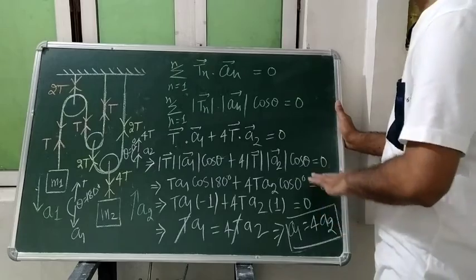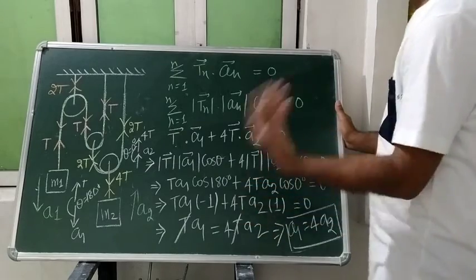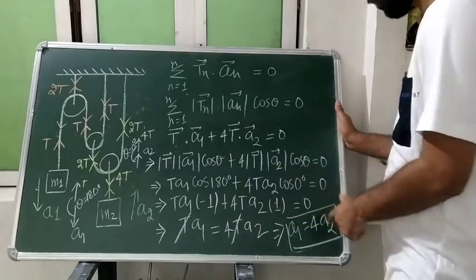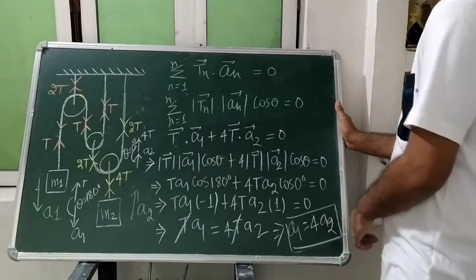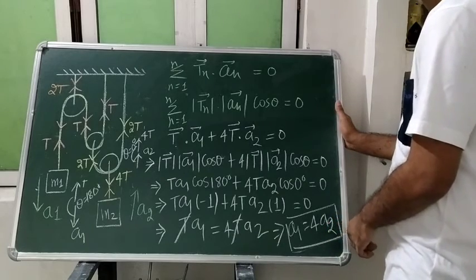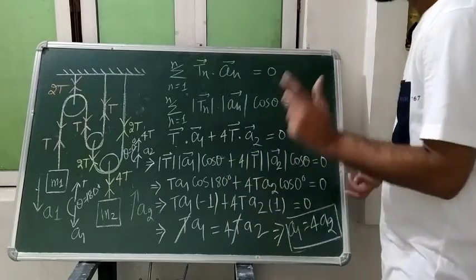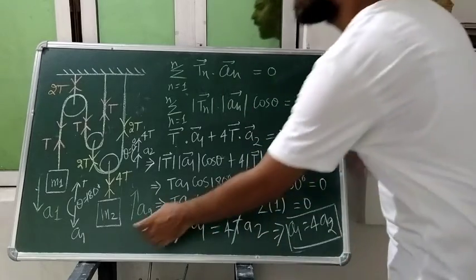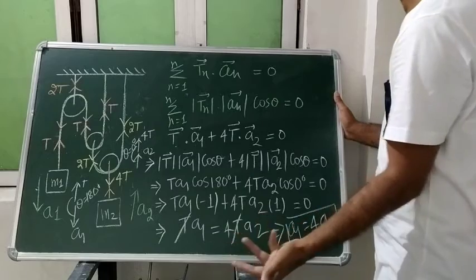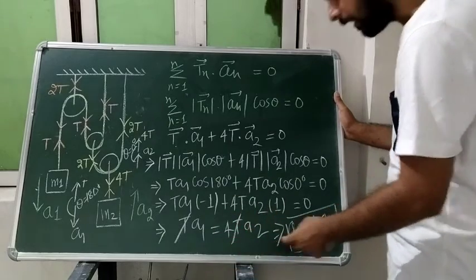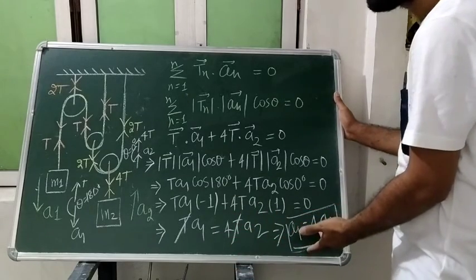So you will not be confused that in the earlier case it was coming minus 4 times A2, and here it is coming plus 4 times A2. In the earlier case it was saying that the acceleration will be in the opposite direction. Here we have assumed the accelerations in opposite directions, and here we are getting the same sign.